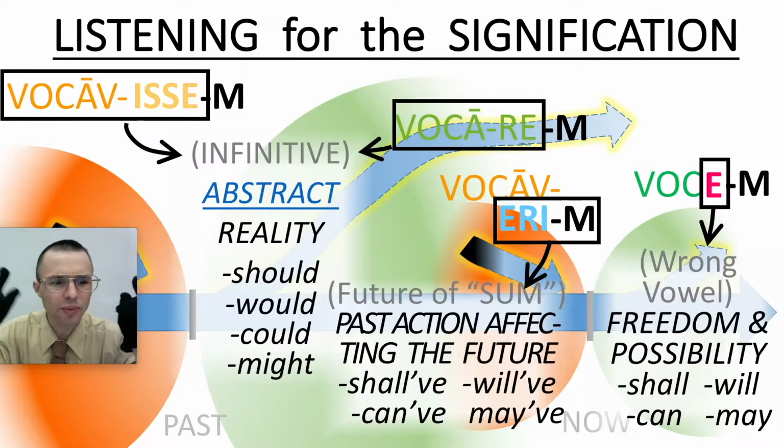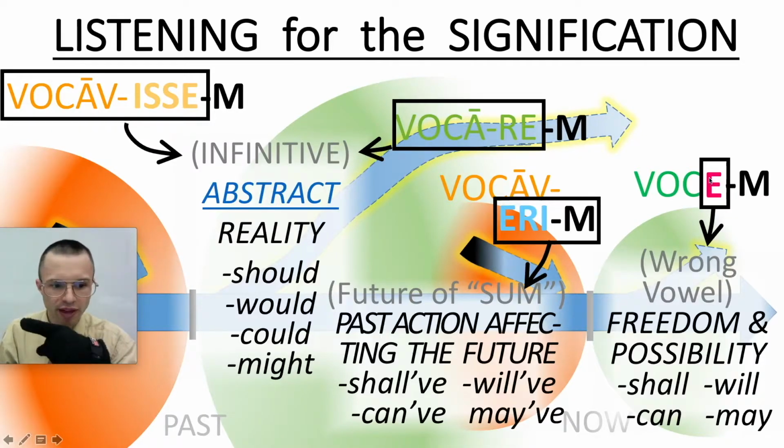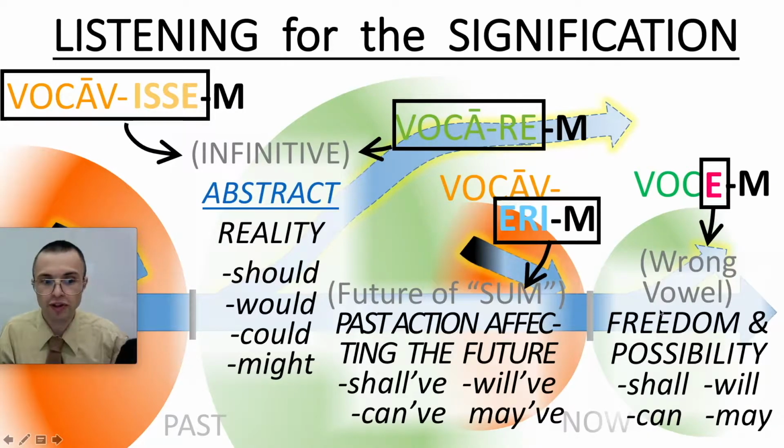Why does it do this? Well, the reason is that in vocem, by changing that vowel to its opposite of what you would expect, it gives this idea of freedom that, hey, I can break the rules, or I'm being different and unique. And that difference should make you realize that, oh, this is a subjunctive verb, a possibility, a hypothetical thing that might happen, not something that it certainly will happen.